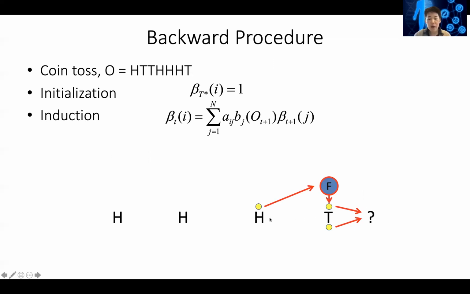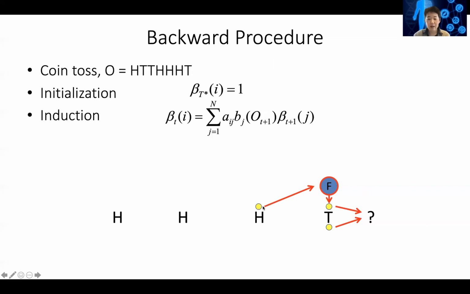If we ask, what is the likelihood, what's the probability that I'm going to use a fair coin here in order to see the next coin flip and things after it? It will be this tail. If we know that this is a fair coin, there are two possibilities.